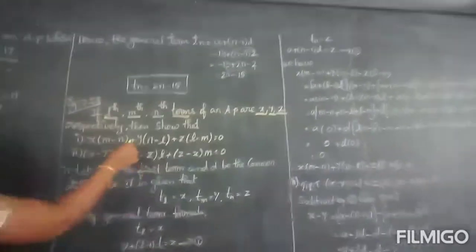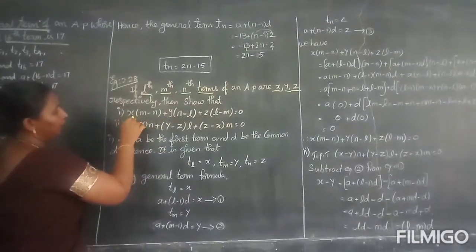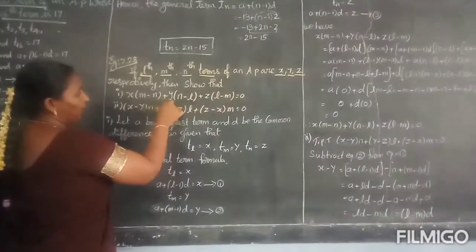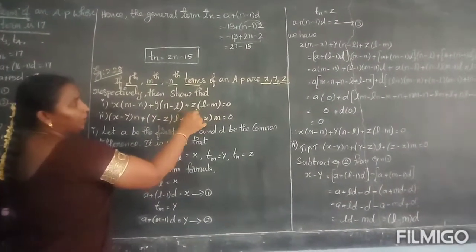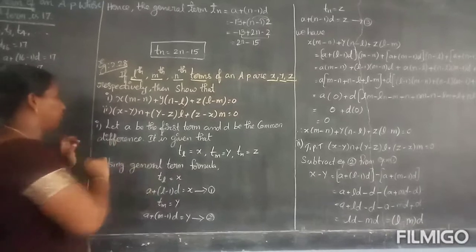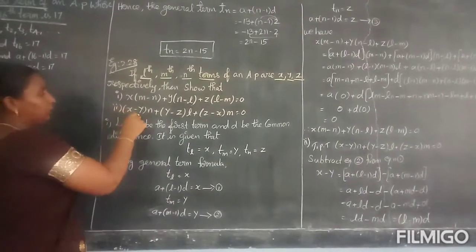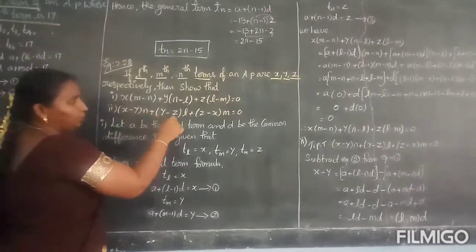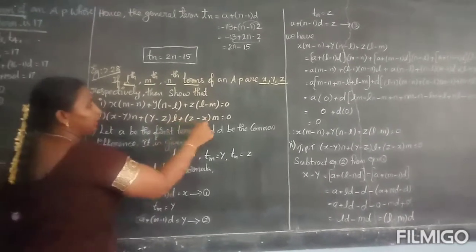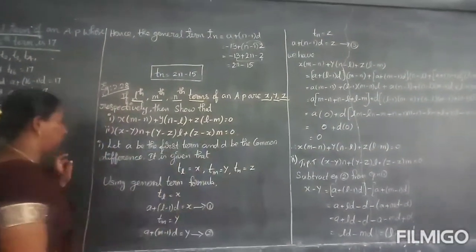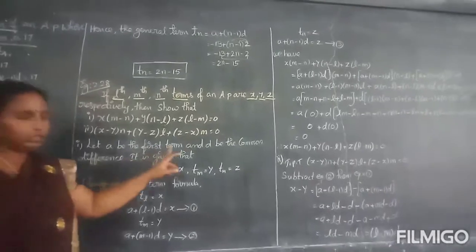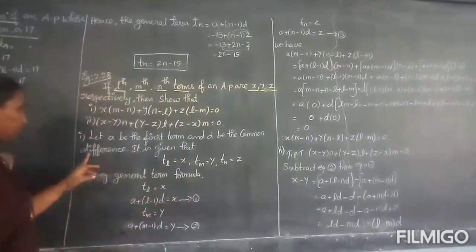Then we have to show, first one, x into m minus n plus y into n minus l plus z into l minus m equal to 0. And the second one, x minus y into n plus y minus z into l plus z minus x into m equal to 0.